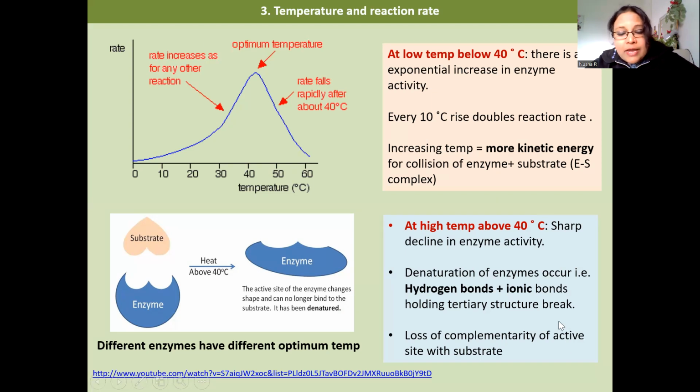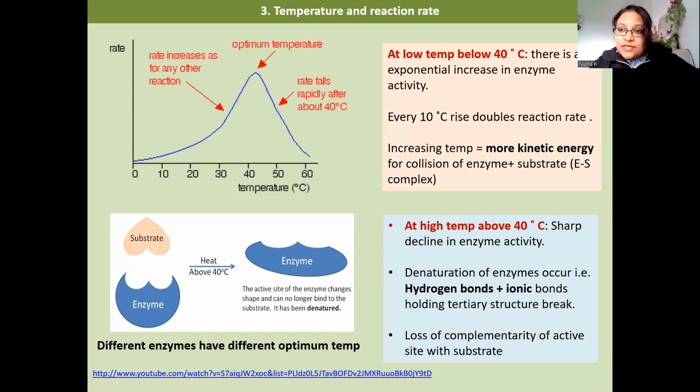And because they break, the polypeptide chain unfolds and it loses its complementarity. So the active site of the enzyme loses its complementarity to the substrate. And therefore, the enzyme, as you can see here, can no longer bind the substrate. So the enzyme is denatured.